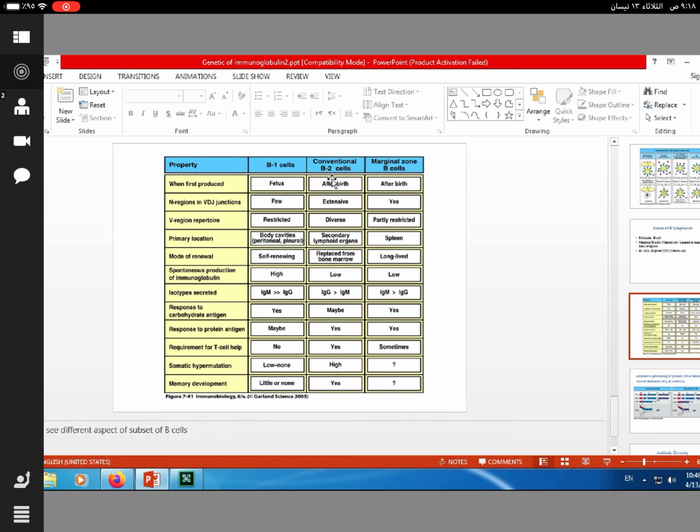Follicular B cells and marginal zone B cells, yes. Requirement for T cell help: B1 cells do not. Conventional or B2 cells need help of T cells, and marginal zone B cells sometimes.